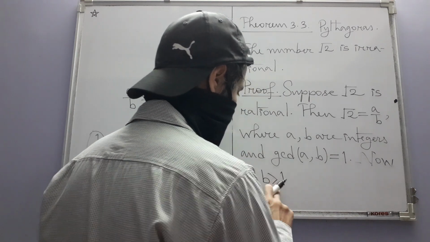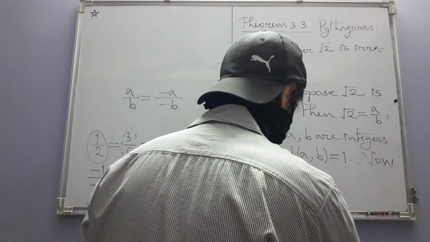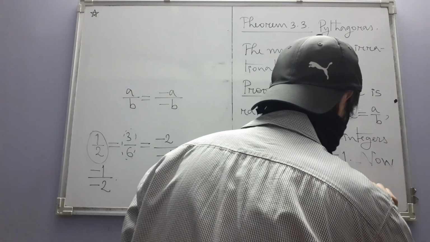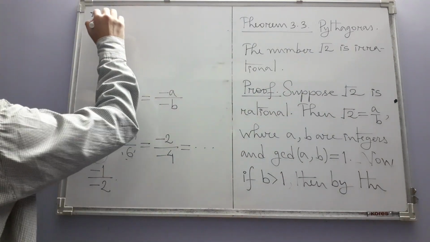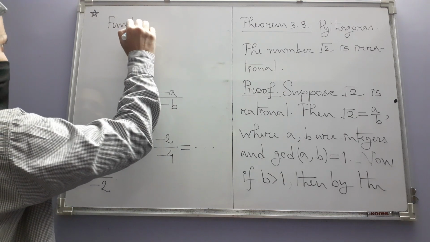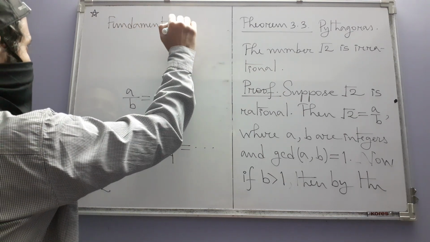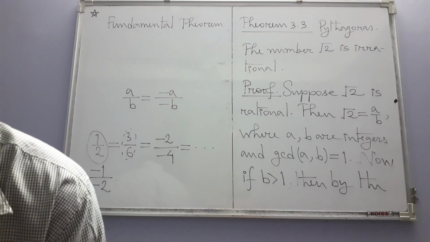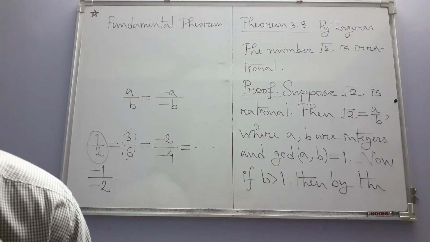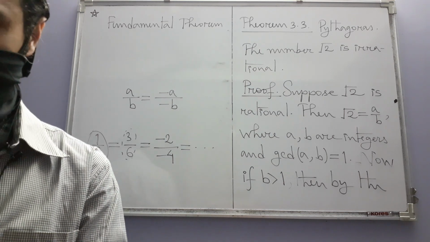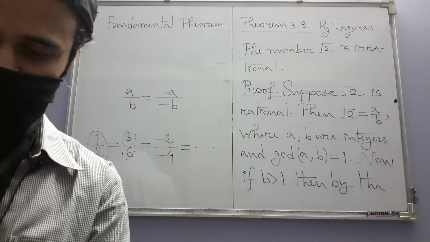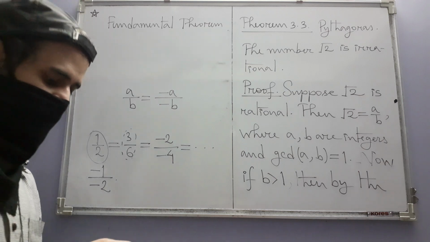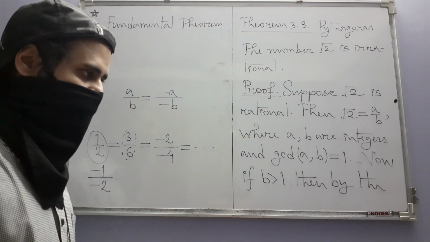Now, if it happens that b is greater than 1, then we can apply the fundamental theorem of arithmetic on b. So by the fundamental theorem, b will have a prime divisor.